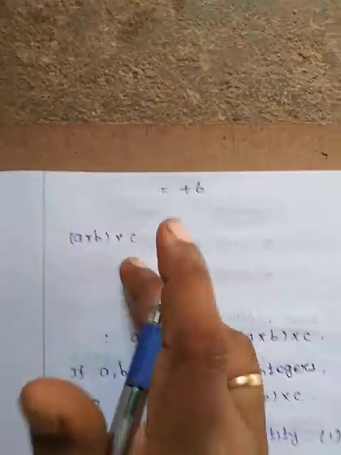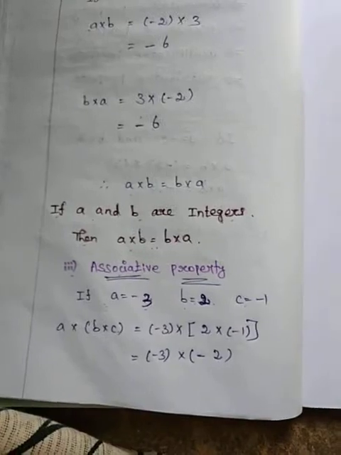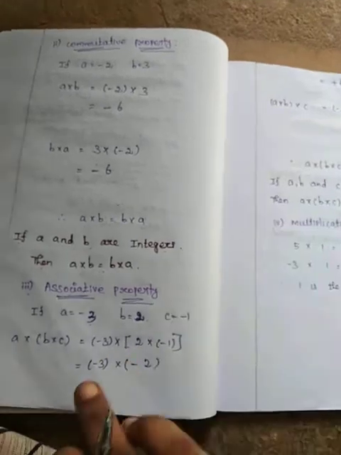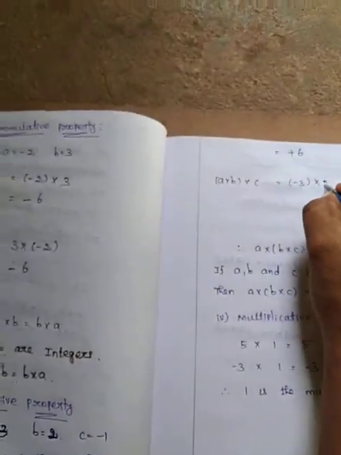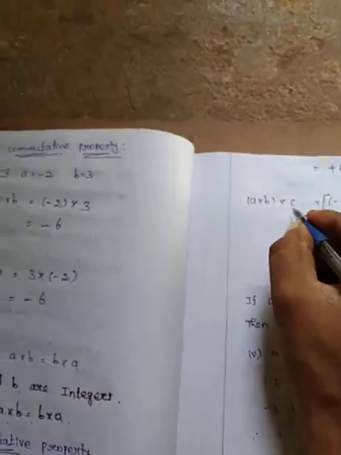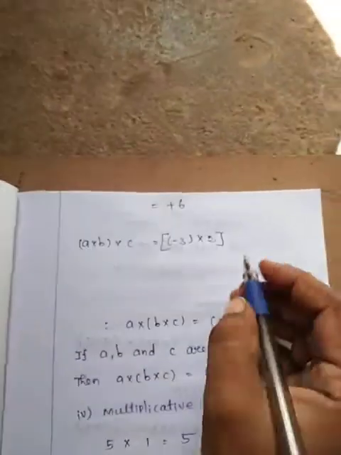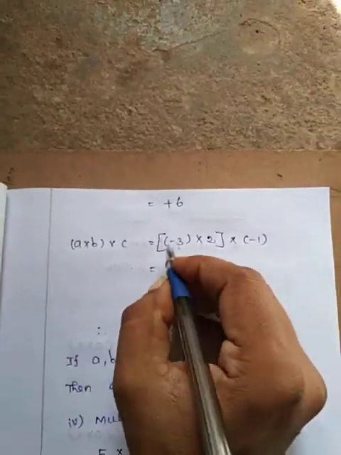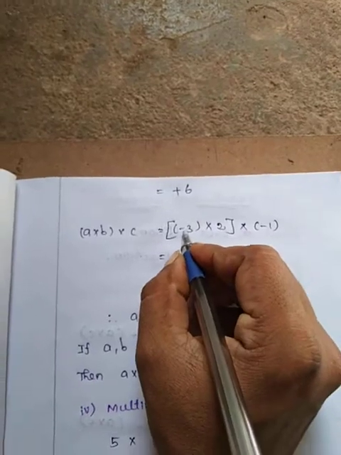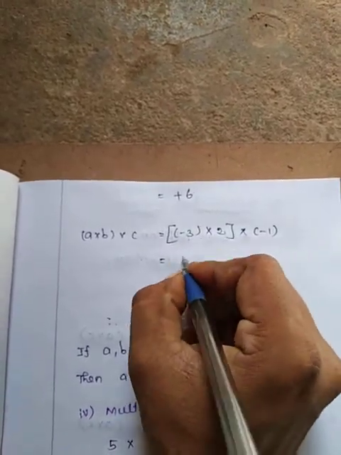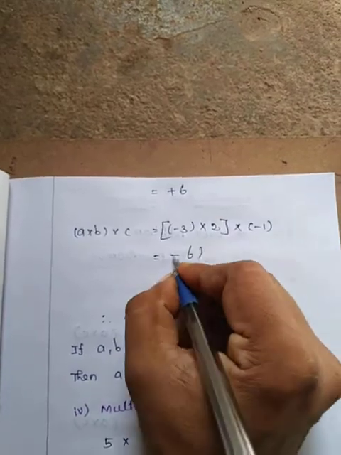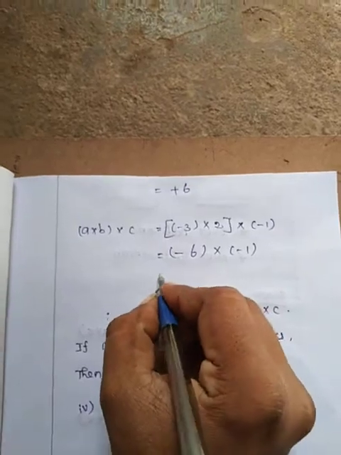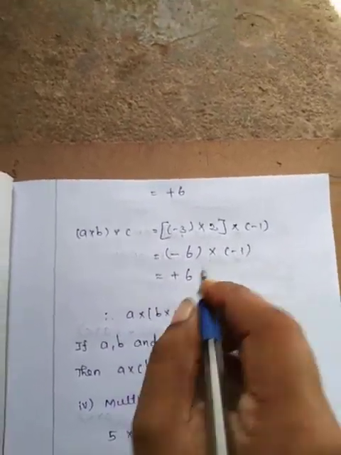Next one, a into (b into c). Value of a is minus 3. Minus 3 into (value of b is 2 into value of c is minus 1). Do you understand? First you solve the bracket first. Both are different signs, so we have to put minus, 2 1s are 2, so minus 3 into minus 2, which gives plus 6.